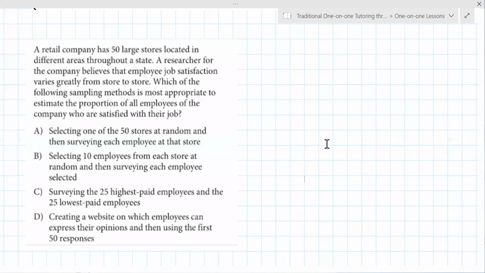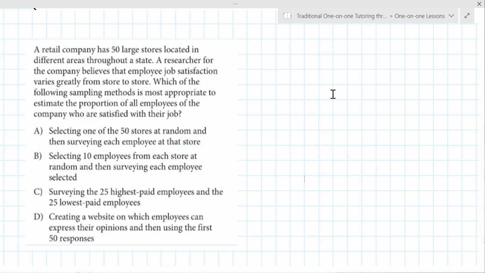Okay, I'm going to read the question one more time. Which of the following sampling methods is most appropriate to estimate the proportion of all employees of the company who are satisfied with their job? Select one of the: 50 stores at random. Each employee.